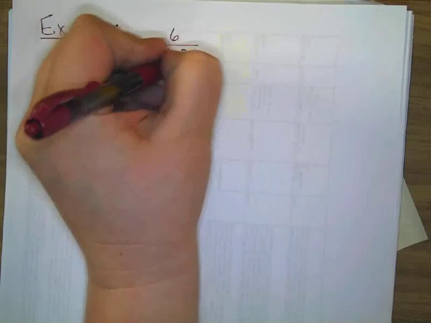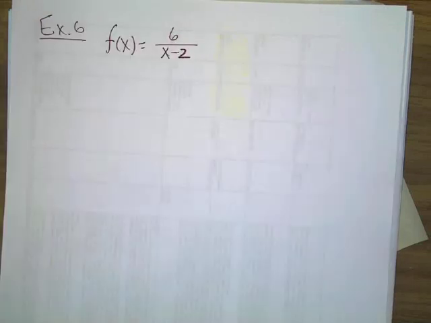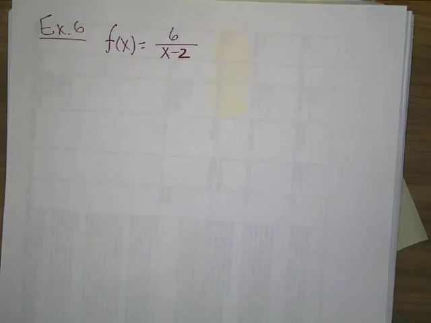Okay, so let's look at example 6. We're going to start with f of x equals 6 over x minus 2. Oh, this is a fun one.